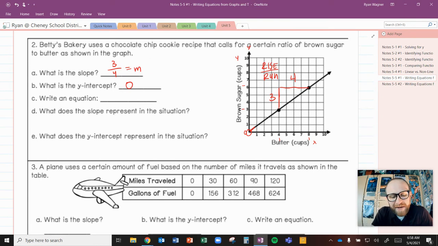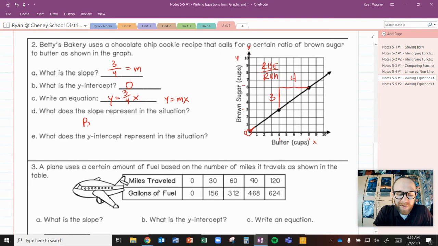And when we write an equation for a proportional graph, y equals mx, because our b is 0, so it is not there. So y equals, my slope is 3 over 4, x. And because my b is 0, it is proportional, and we don't have to put the 0 on the end.